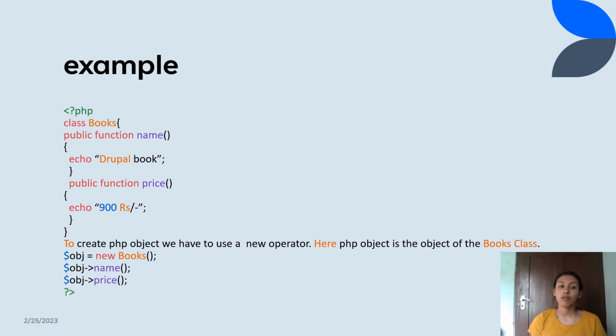The name function is for printing the book name, and the function price is for echoing the price of that particular book. And we have created an object for that class book, which is dollar object. Using that object, we can call or access the functions name and price accordingly.